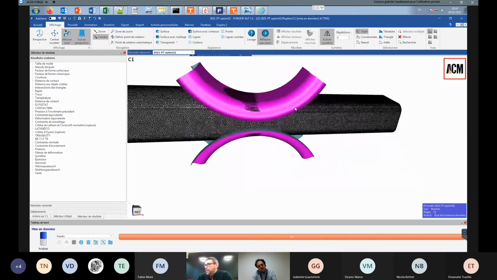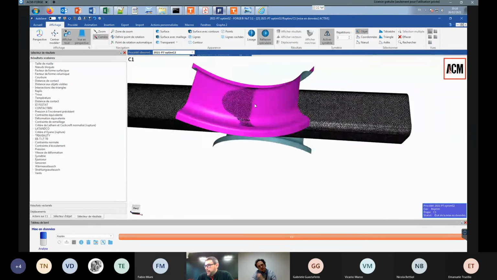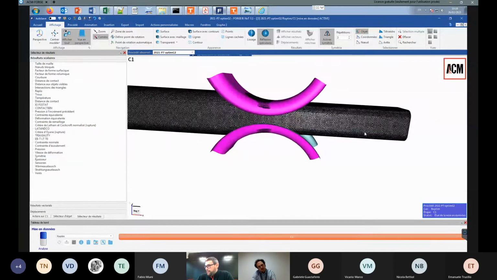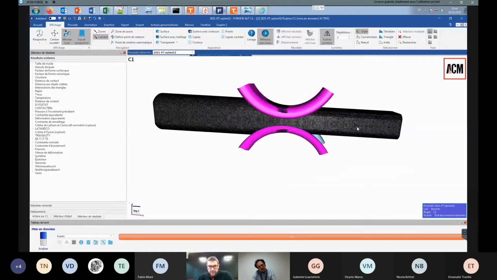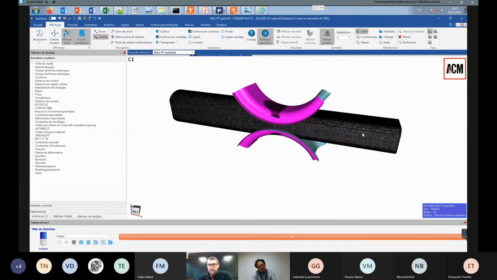So here we have the rolls. And here it is a bit particular because it is a steady state simulation. It means that we have an initial state, and we compute until finding the steady state solution of the rolling of this bar.